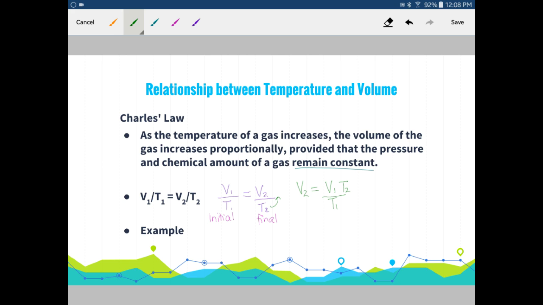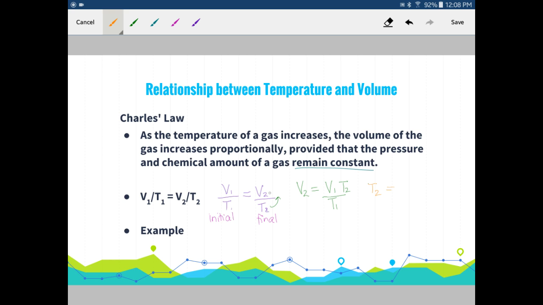Now if I'm solving for T2, and let me do that in a different color, let's do that in orange. So if I'm solving for T2, what I see here is that T2 needs to be on the top of a fraction. I can't have 1 over T2 as an answer.